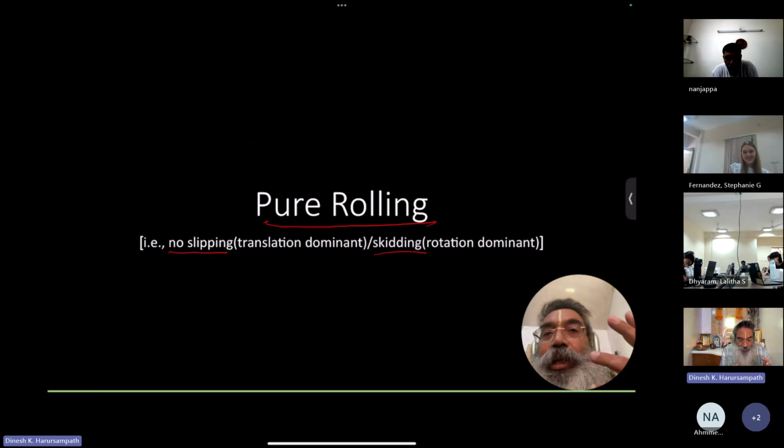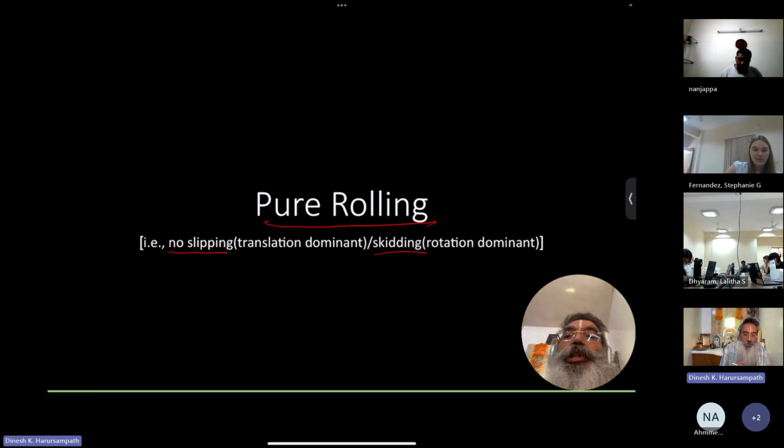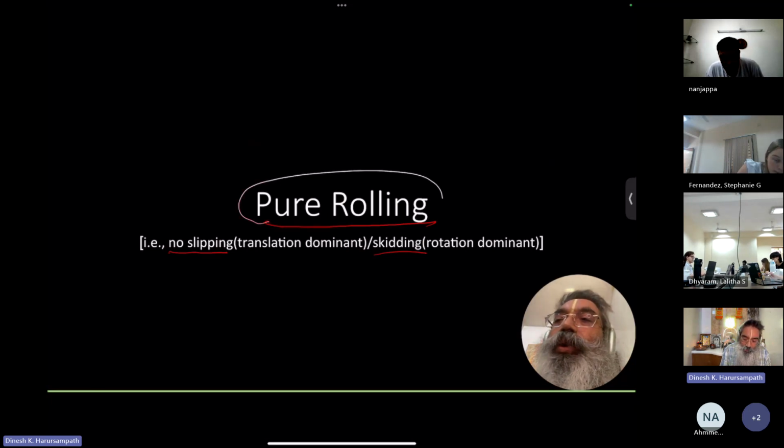Now, remember, translation and rotation have two different dimensions. Translation, for example, has the SI unit of meters, rotation has the SI unit of radians. And therefore, I cannot say this is equal to that. But essentially, I'm saying the contribution of either one of them to a particular motion is in a balanced way. Then we call it pure rolling.